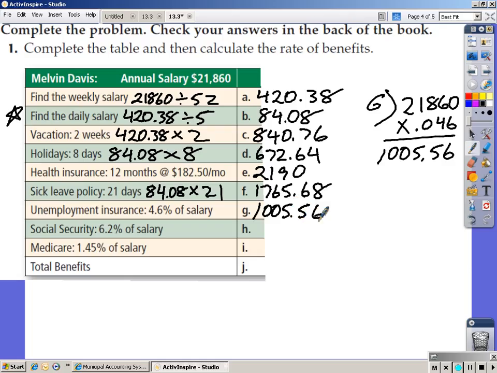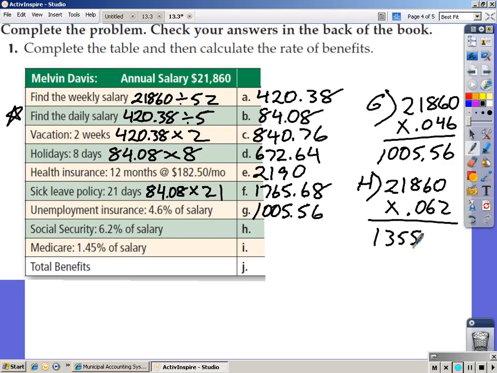Now for part H, we're finding Social Security. Same thing, 21,860 times 0.062. 21,860 times 0.062 is 1,355.32.